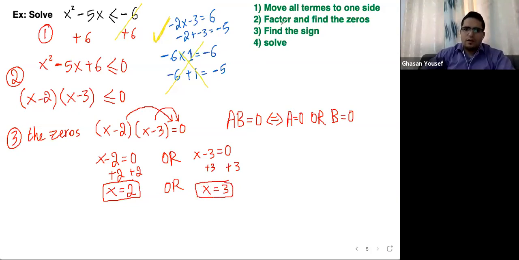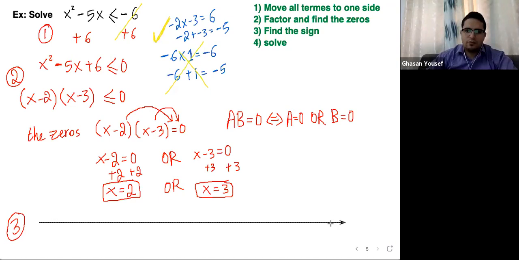Now, step number 3, find the sign. To find the sign, we should draw the real number line, and we have to put these two numbers on this real line.